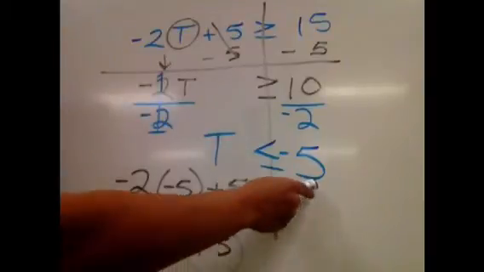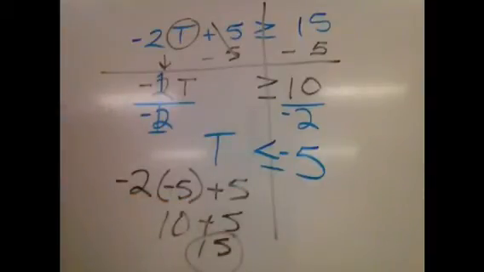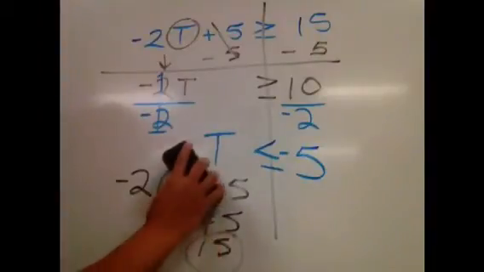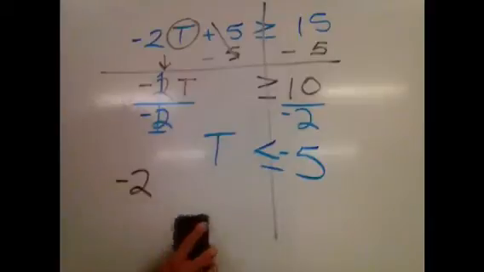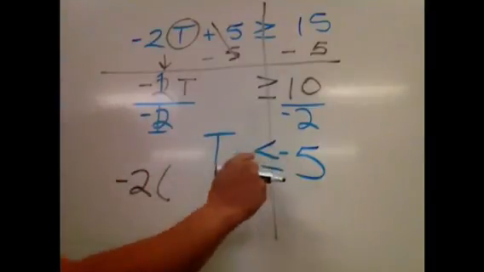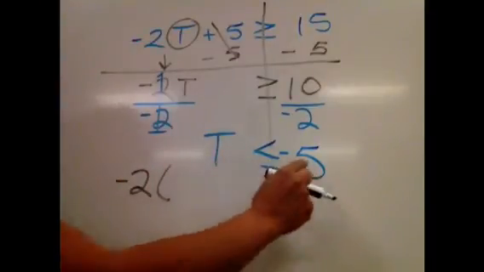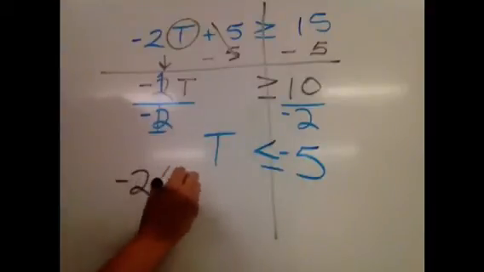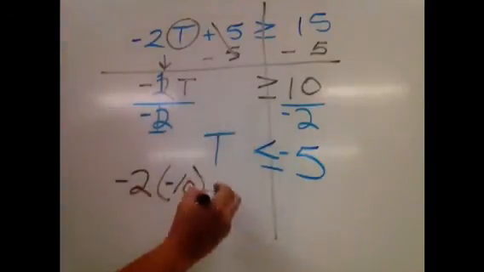So let's find a number that's less than negative 5. That means we're going to go towards the left on the number line. I'm going to erase this and this time replace it with, let's make it a negative 10. Negative 10 makes the math easy. All right, we're going to choose a number that is a t that is less than negative 5. So we're going to use negative 10. All right, plus 5.